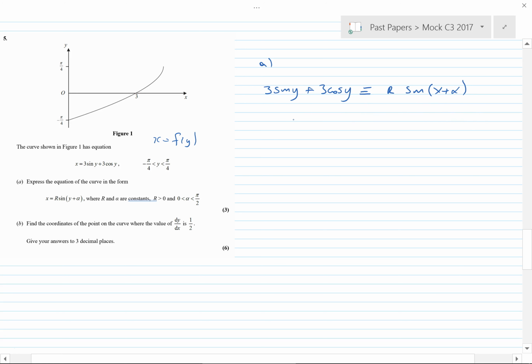So what I'm going to do is use the compound or addition formula on the right hand side here. So we've got R sine y cos alpha plus R cos y sine alpha. And that gives me R cos alpha sine y plus R sine alpha cos y. I'm just reversing the trig ratios. You'll see why in a sec.